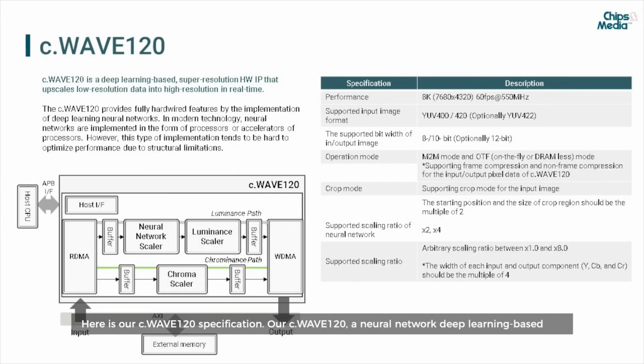Here is our C-Wave 120 specification. Our C-Wave 120, a neural network deep learning-based super resolution hardware IP, supports 8K resolution 60 frames per second at 550 MHz. Supported input image formats are YUV400, 420, and 422, with a bit width of 8, 10, or 12 bit.